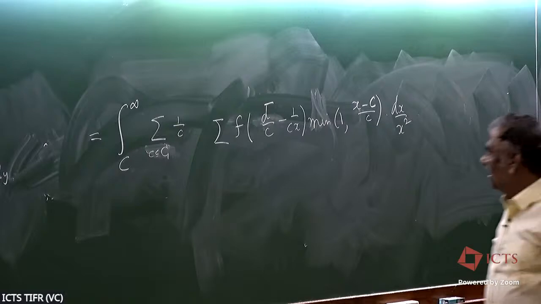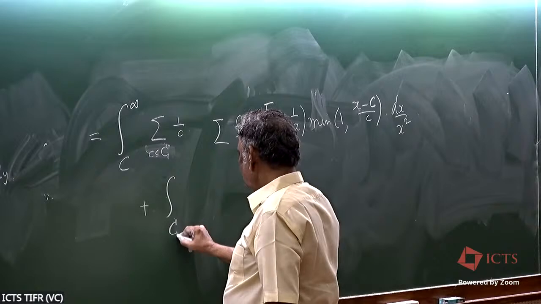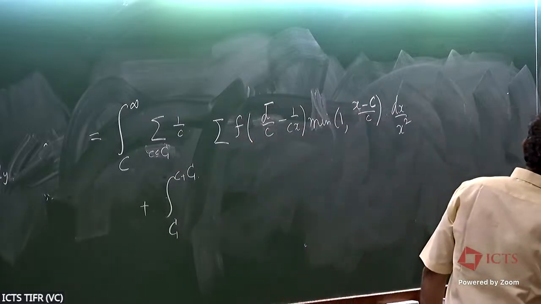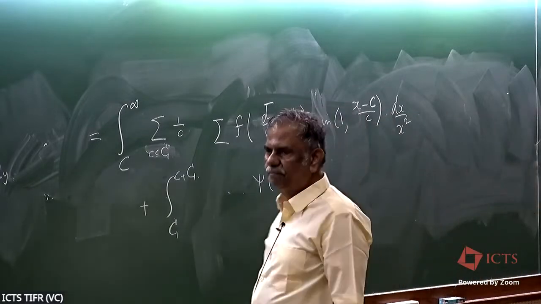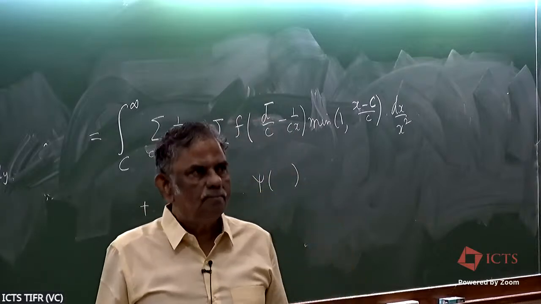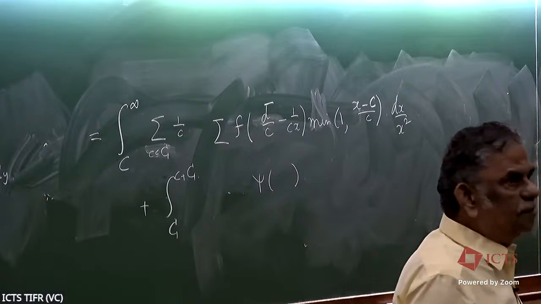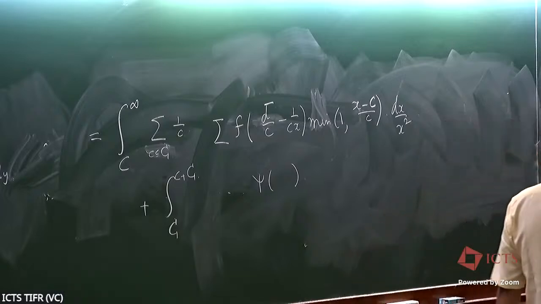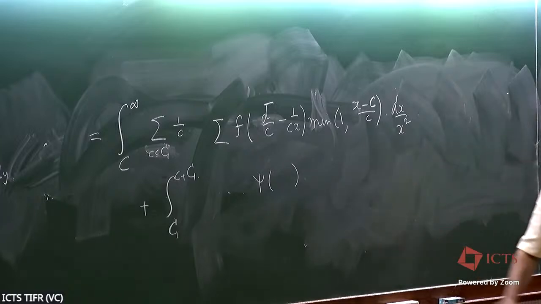And then there is another integral, capital C to c plus capital C. In this integral, you will also have the same thing, and these are the psi functions. The main term can be written, and separately the other error term will come. In most of the applications, of course, this will be the main term, and the psi function will give you the error term, as to be expected.